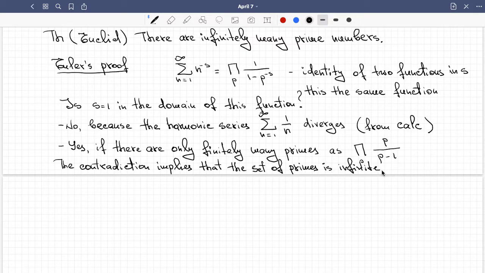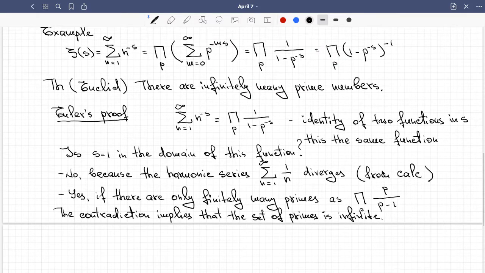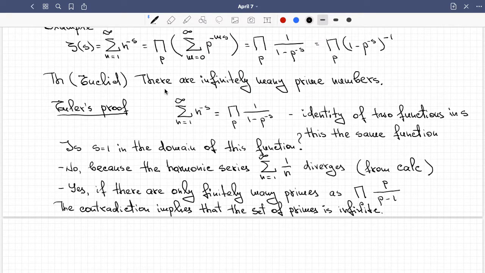Done. So we proved Euclid's theorem with an essentially different argument. This was Euler's argument.